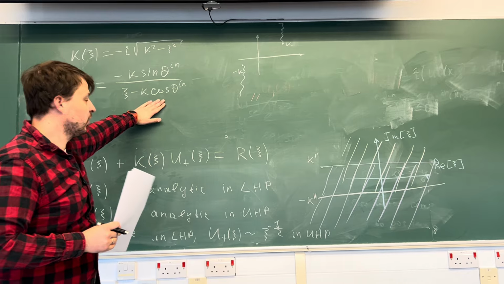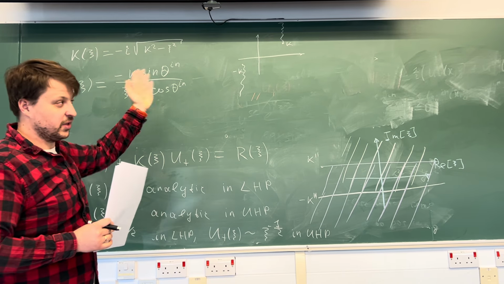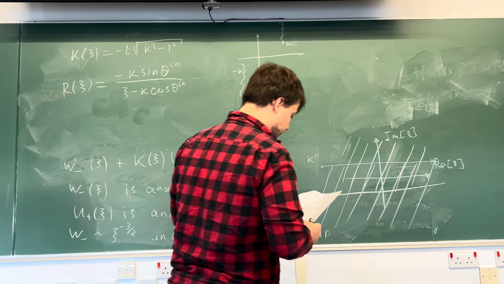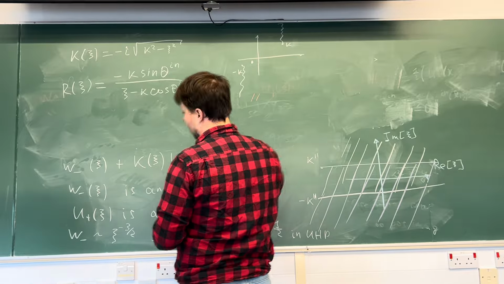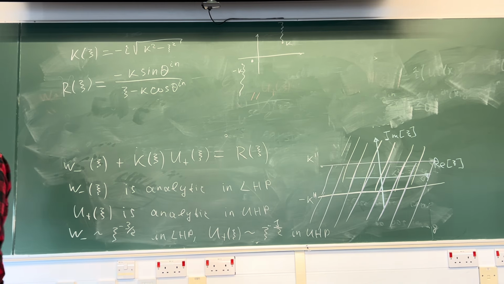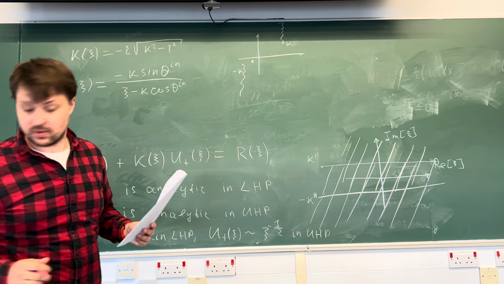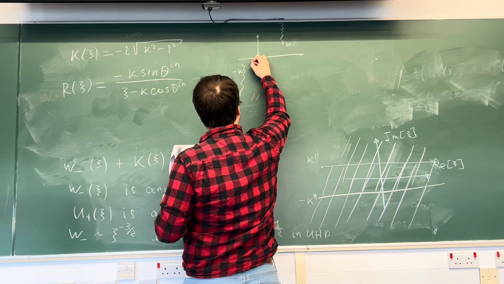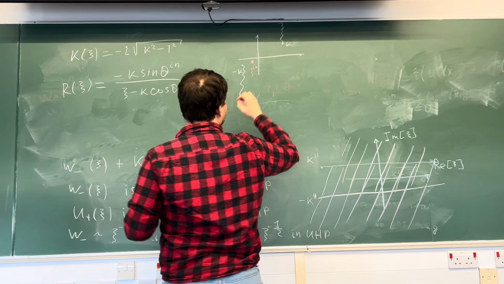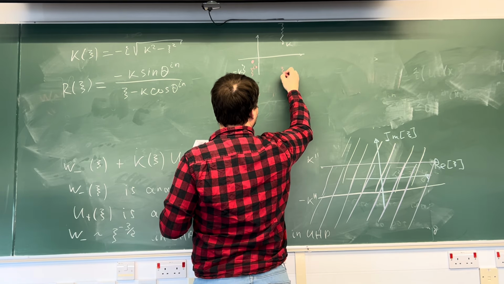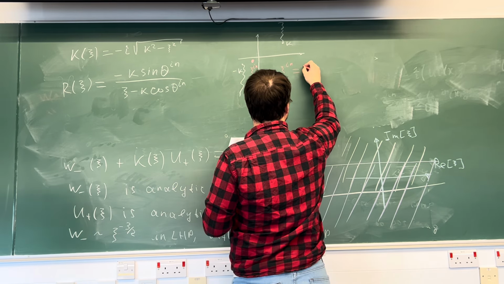As I said, cos theta is negative, because theta is from pi over 2 to pi. So our pole lives somewhere here. And I will call it psi m to make things short.